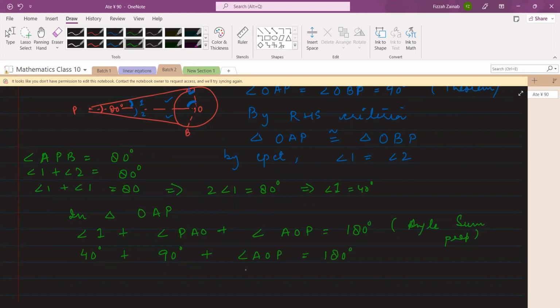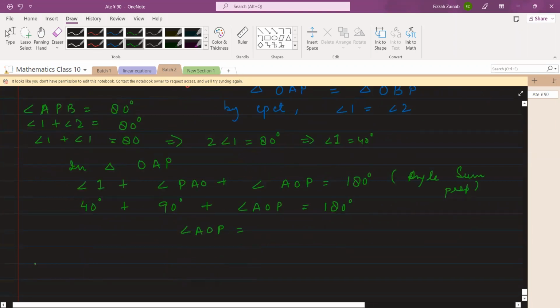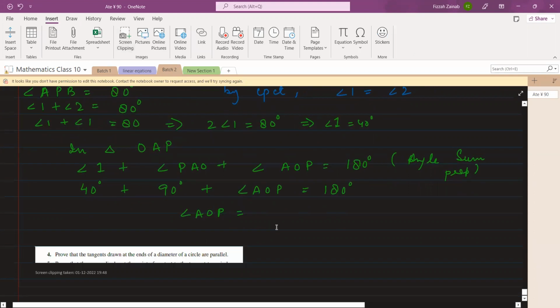How much is AOP now? 50. Yes, it will be 50 degree. Harsha, okay? Yes. Okay. So AOP is 50 degree, right?